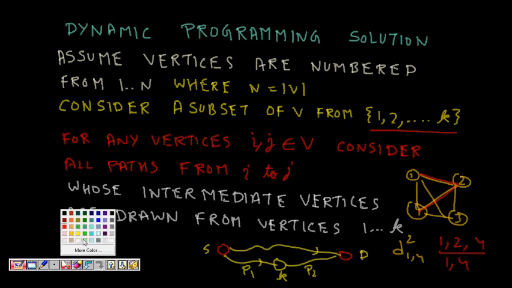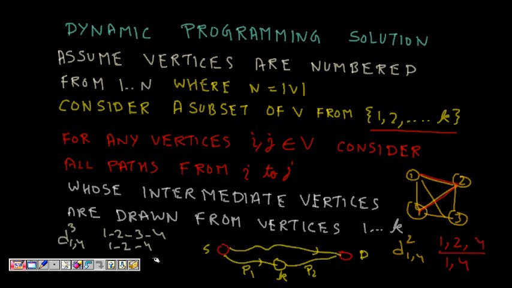Another thing we can do is, let's say D3(1, 4). Here it means I can choose intermediate nodes 1, 2, 3, all of them. So I can have 1, 2, 3, 4. This is one path, and then 1, 2, 4 is another path, and 1, 4 is another path.